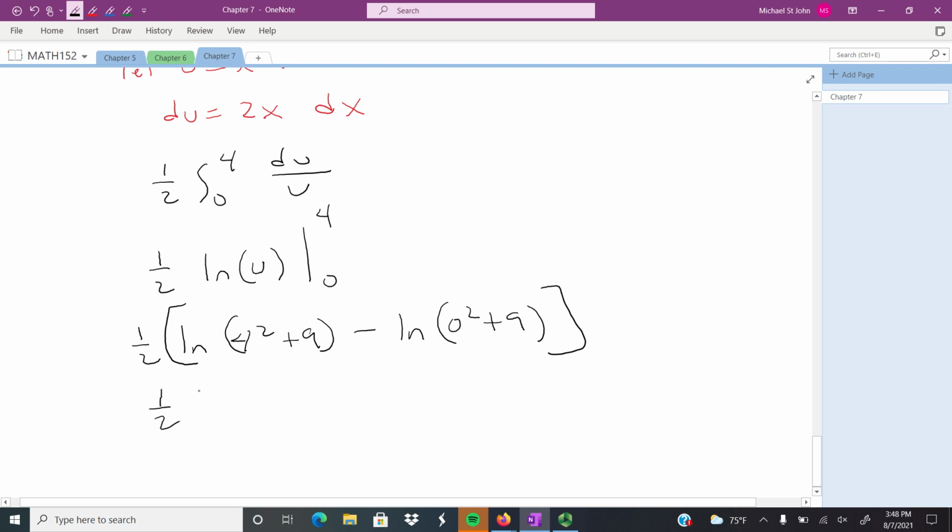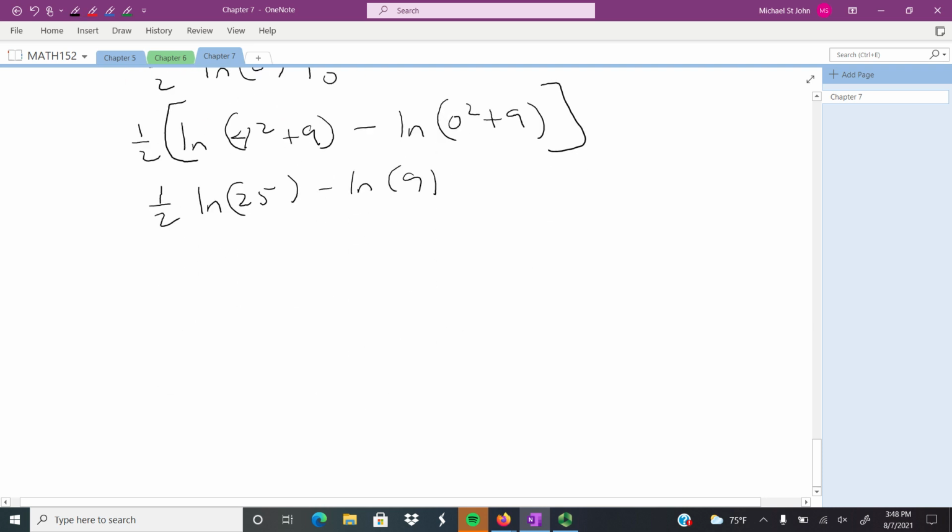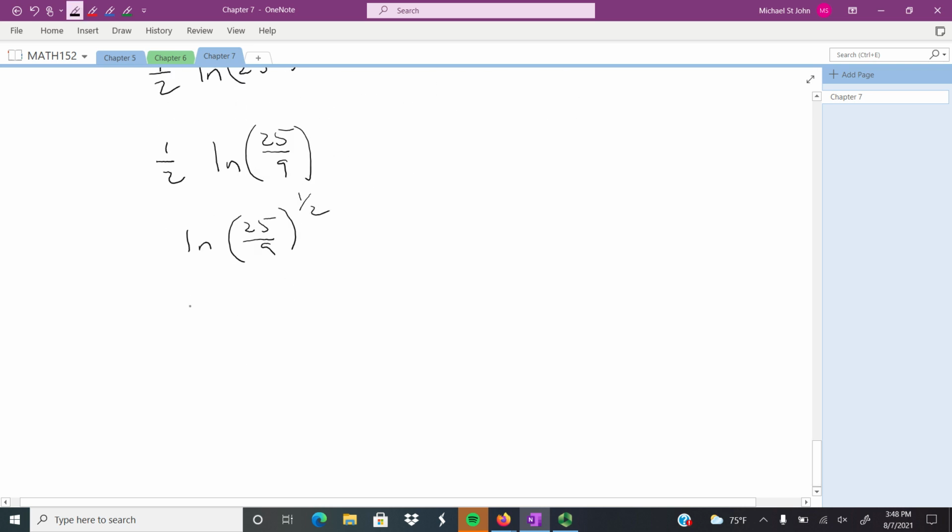So 1/2 the natural log of 25 minus the natural log of 9, which will be 1/2 the natural log of 25 over 9, which will be the natural log of 25 over 9 to the 1/2 power, which finally becomes the natural log of 5 over 3.